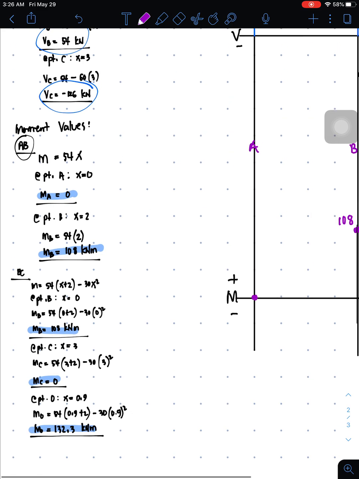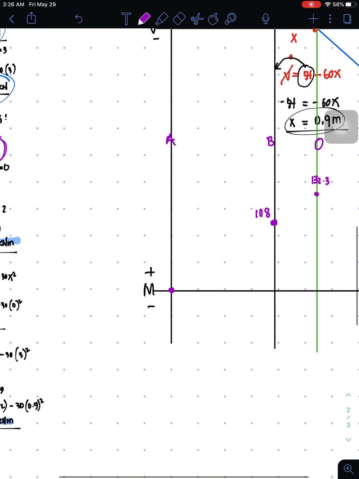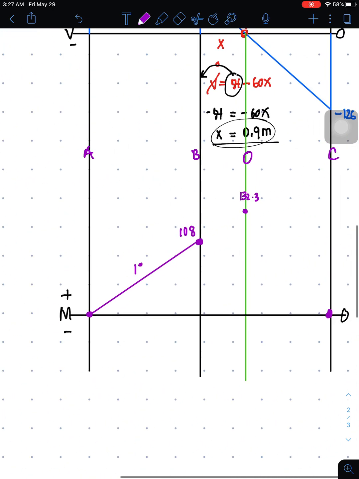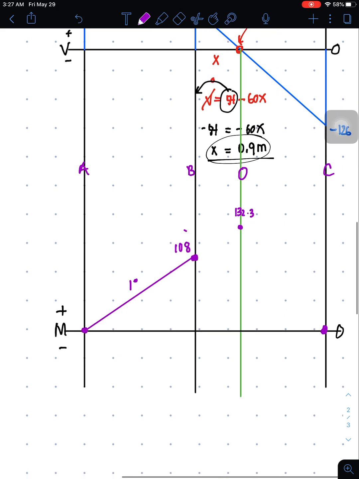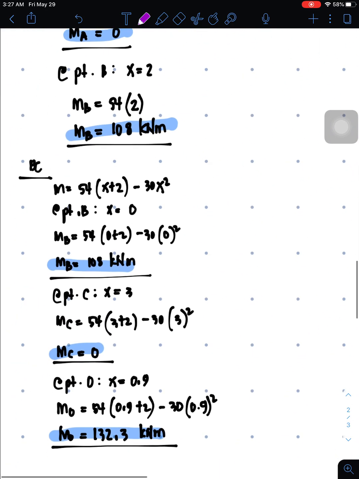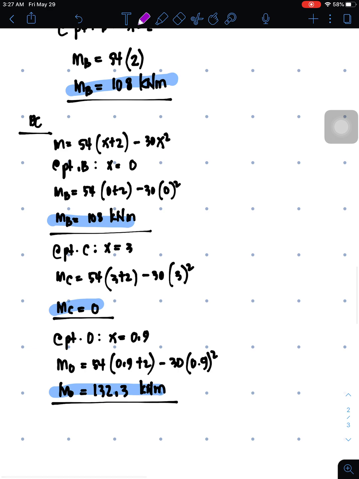So let's go to its equation. So this is the equation, and it is x to the power 1. So it's a first degree line. Okay, first degree to the power 1 man. Next, you have connecting 108 and 132. So atong tan-aw sa equation, this is BC.